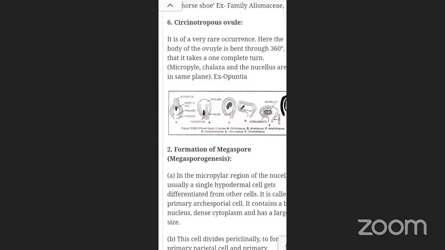Here the endothelium is generally single layered and the cells are uninucleate. Some are multiseriate and multinucleate endothelium, also observed in some members of the Asteraceae. Majorly uninucleate cells are there, but multinucleate and multiseriate are observed in the Asteraceae also.